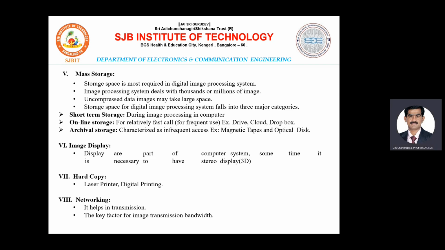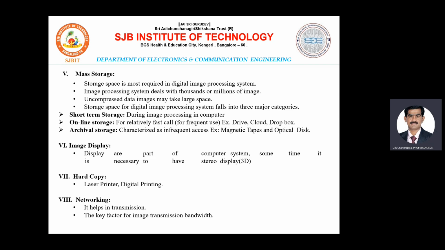You can take a print of these images using laser printers and digital printers. If I want to transmit this image, networking facilities are required. It helps in transmission. The key factor of image transmission is networking, which is very essential.